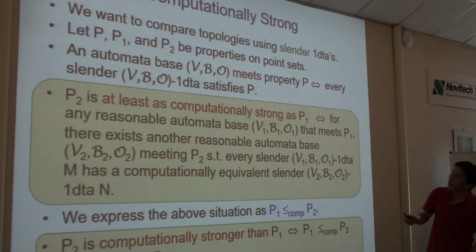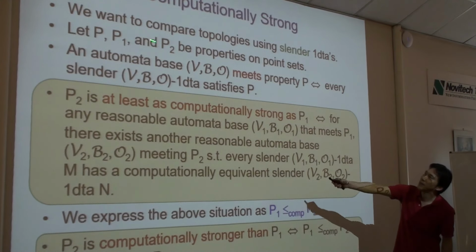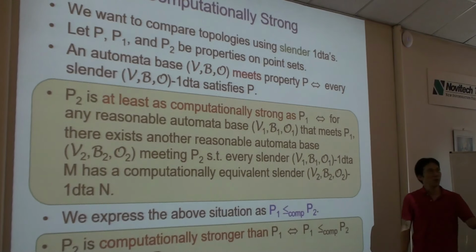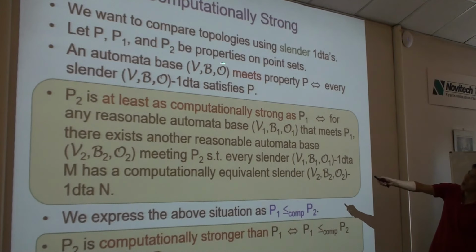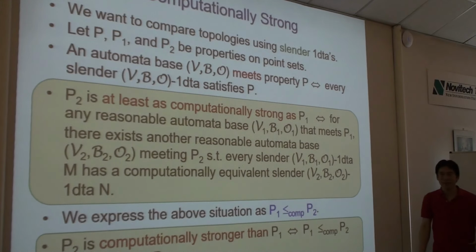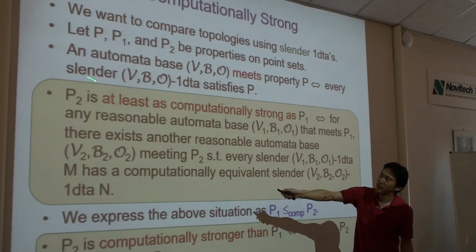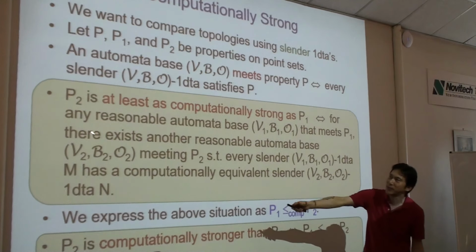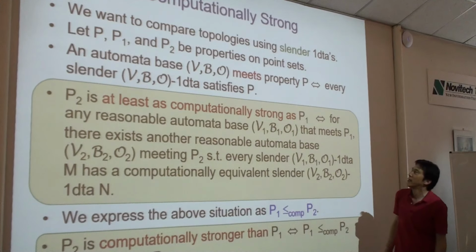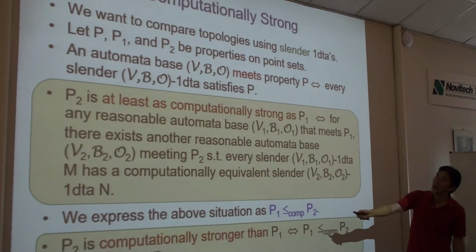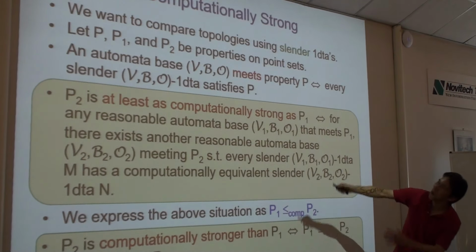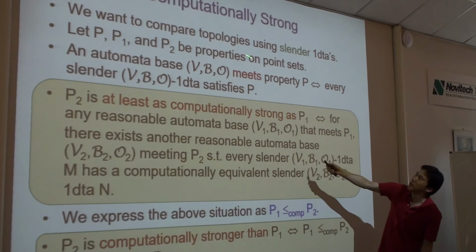Okay, so supposing we have properties, whatever they are, on the point set, and we focus on the slender one DTA. Now two properties corresponding to the topology, right? Property P2 and property P1. Well, before that, I have to introduce a notion here.